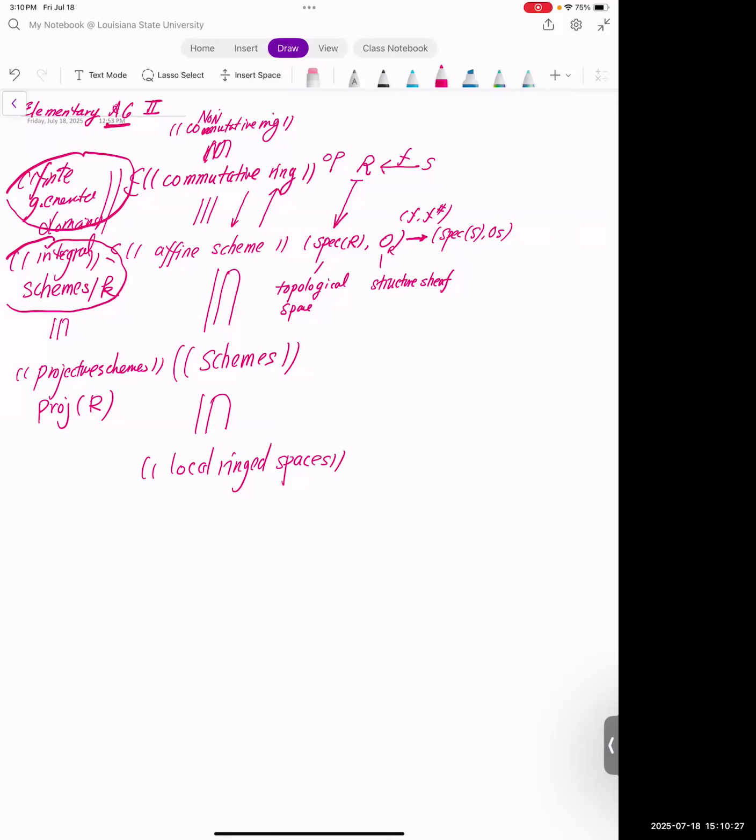And one way to define schemes is as locally isomorphic to affine schemes. So it has an open covering, or open basis, where every member is isomorphic to an affine scheme. And then you glue them together under some transition functions, which should all be taken as locally ringed space morphisms.